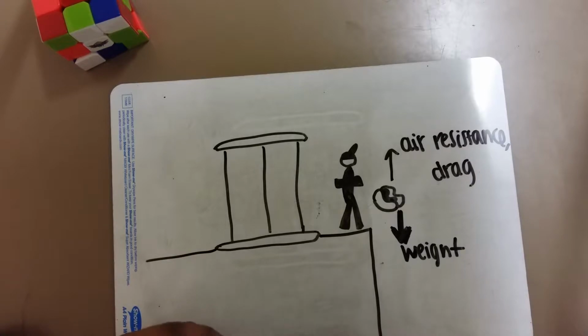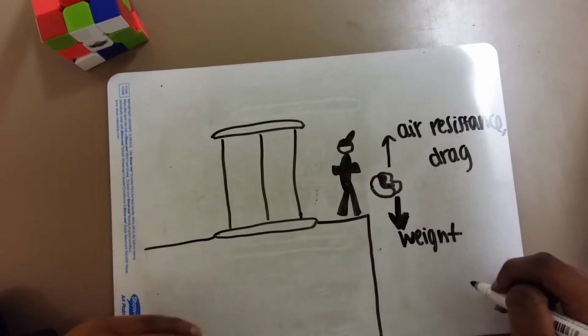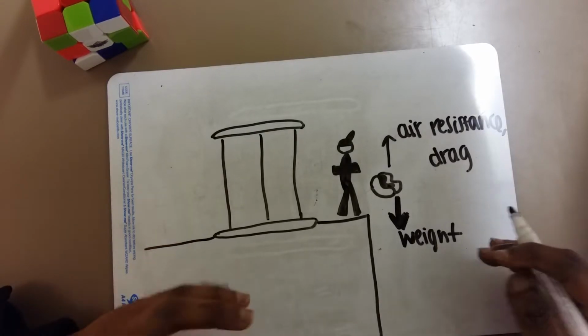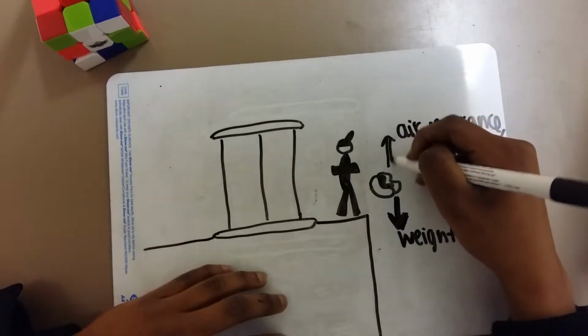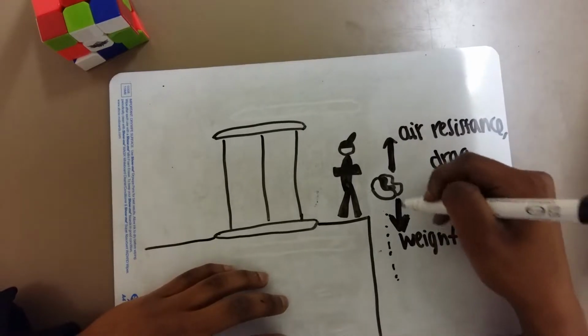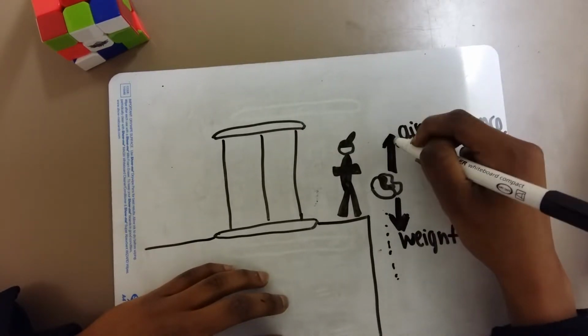Well, the forces acting on the hot dog would balance, because as the hot dog travels faster and faster, there's more and more air resistance. And eventually this force, the air resistance, is equal to the force of the weight.